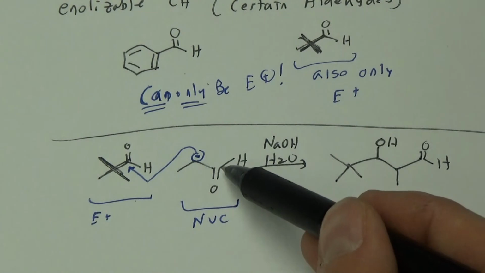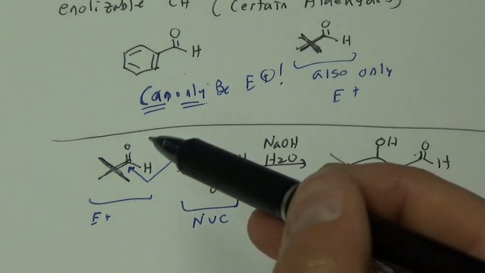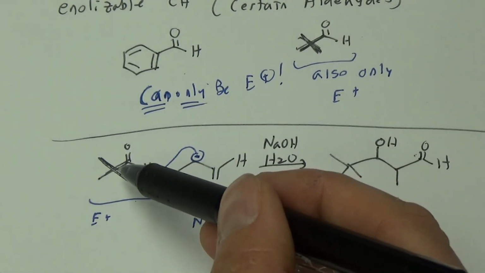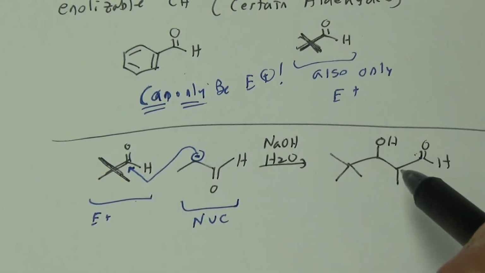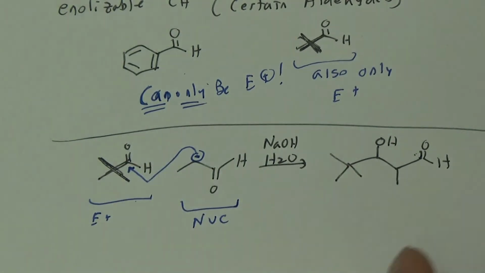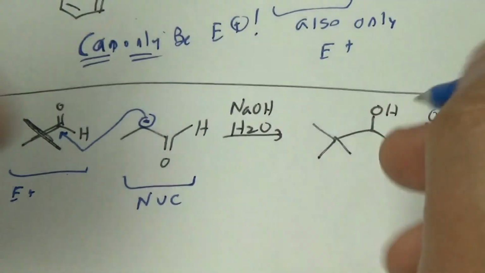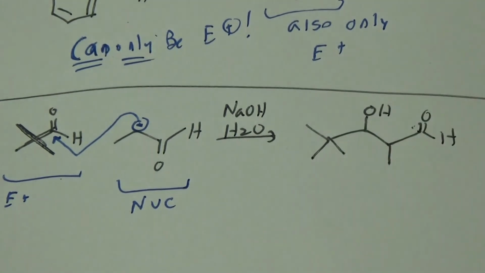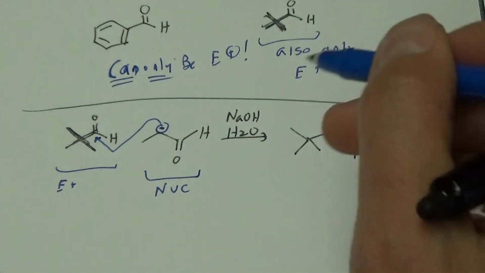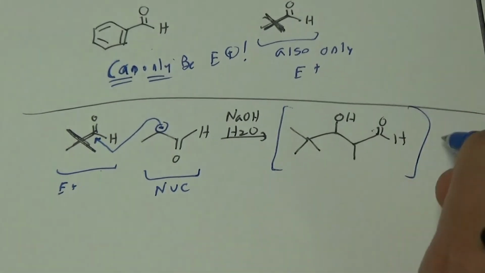So it's three carbons, 1, 2, 3, and then this is 1, 2, 3, 4, 5. Five carbons, so 3 plus 5 is 8. Let's see, is it 8? 1, 2, 3, 4, 5, 6, 7, 8. Got our 8 carbons. There's our intermediate.